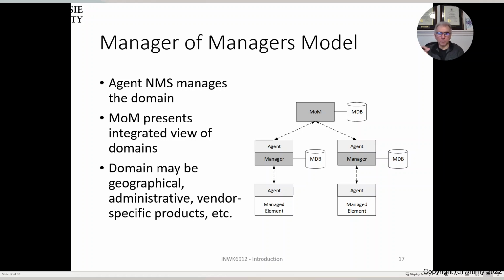So higher level information, which may be used just by the administrators or the top executives in the company to look at general information about the network: how much money we spend, right?